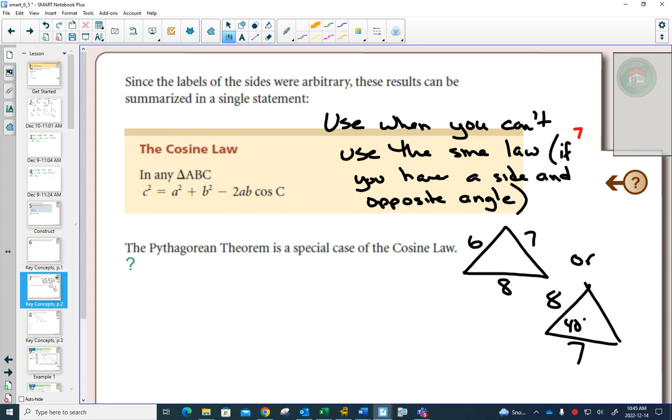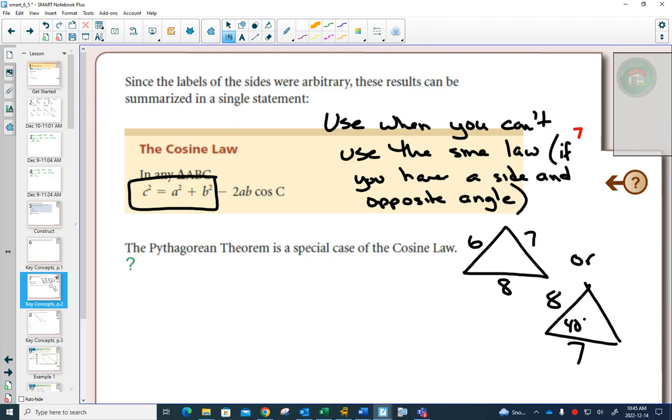Can you see in both of those situations you have three pieces of information, but you never have an angle and its opposite side? So those are the examples where we can't use the sine law, and so we have to use the cosine law. The cosine law looks a lot like a squared plus b squared equals c squared.